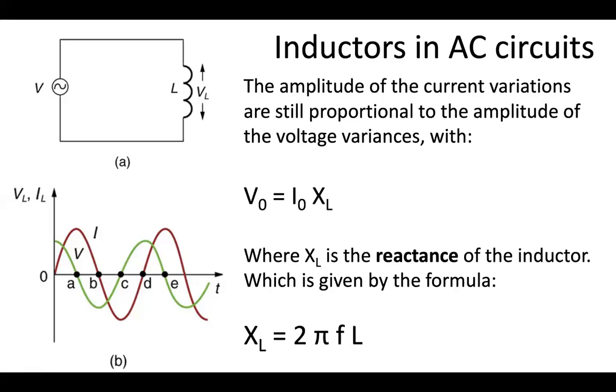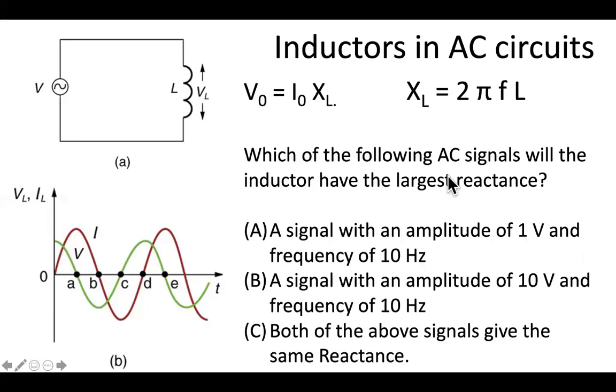That's different from resistors, which don't. Okay, so that's the basic idea. That's the way an inductor is different, and it's because the inductor reacts to changes in current, not to current itself. Okay, so we're going to do a couple of quick example conceptual problems here.